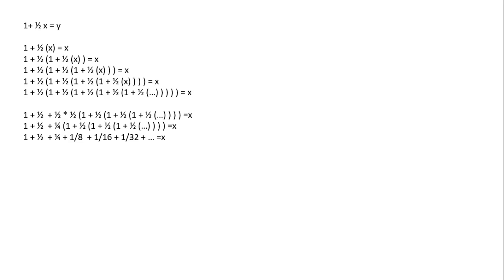So let's nest it inside of itself. Let's do that again, and again, and to infinity, ad nauseam. What does that give us? Well, we get 1 plus 1/2 (1 plus 1/2 (1 plus 1/2 ... and so forth, equals x. Notice that the x is now buried in the ellipsis somewhere. You can't even see it.